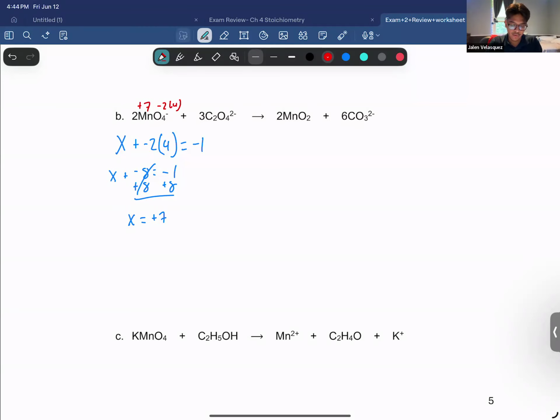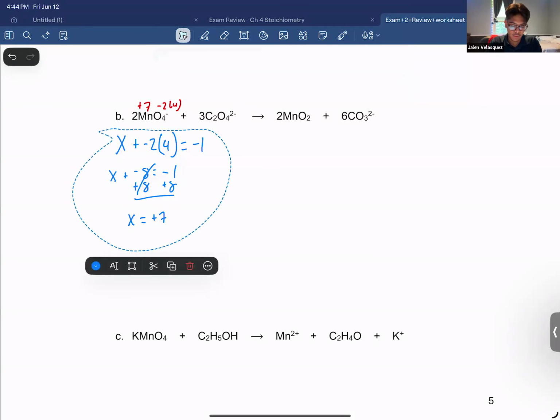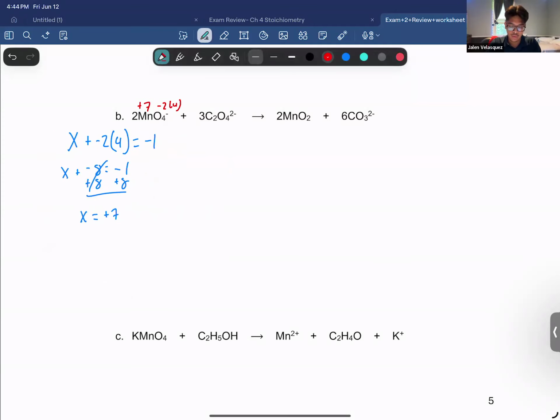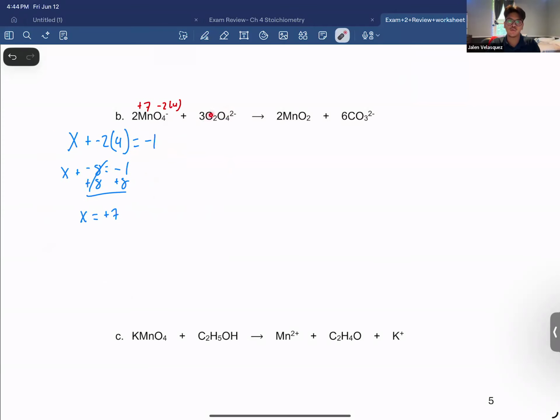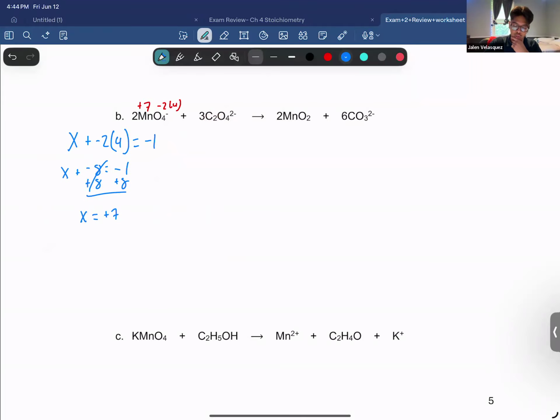Okay, next we move over to oxalate, where again, we know the rule for oxygen, but we don't know the rule for carbon. So we have to figure out what carbon is. Okay, now notice we have two carbons, right? So carbon, we'll write it as 2x plus -2 times 4 equal to -2, right?